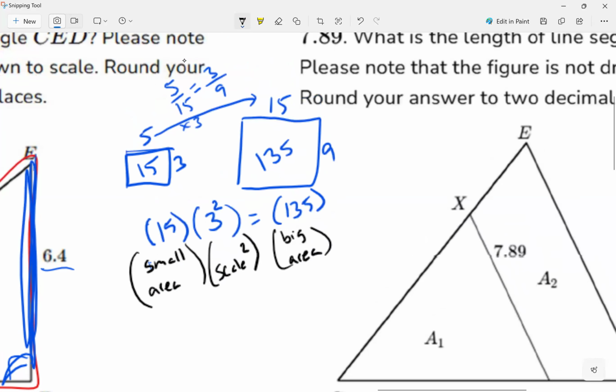You might be wondering, what do you mean with scale? The corresponding sides. If I get 5 and 15, my scale is the big number divided by the small number. 15 divided by 5, that's my scale. I could have used the 9 and the 3 and I get the same scale. So the big number divided by the small number, that's our scale.